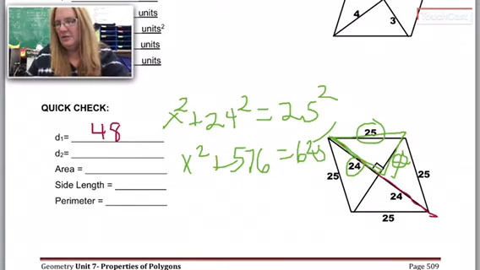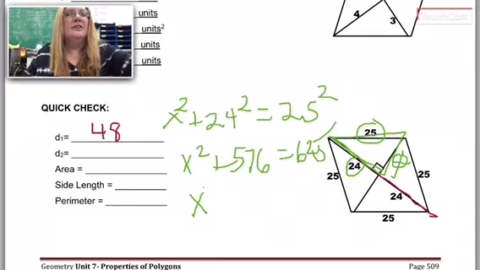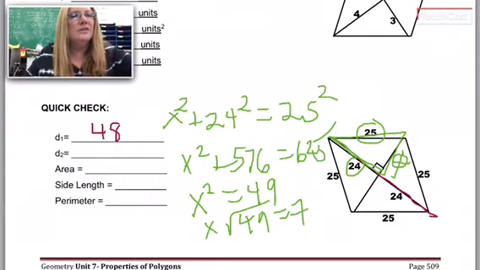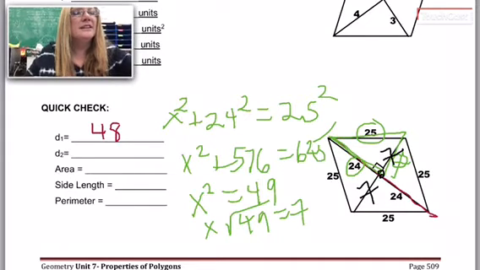And if you take 625 and subtract 576, you get 49. So x squared is equal to 49. X is the square root of 49, which is 7. So this is 7, and of course this is 7 because these bisect.